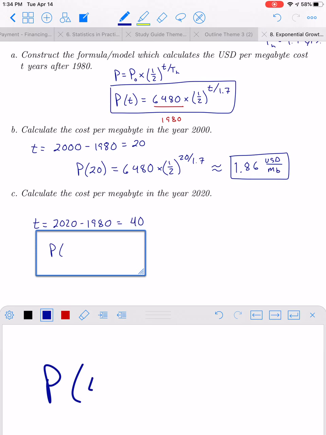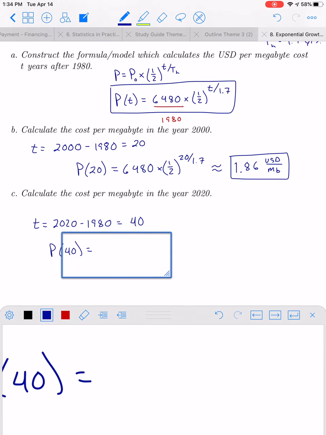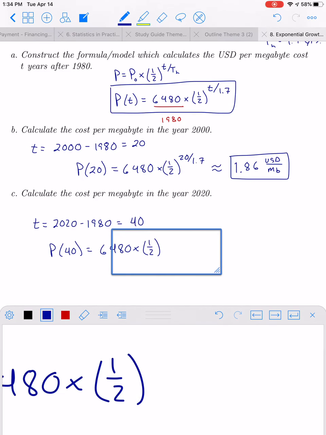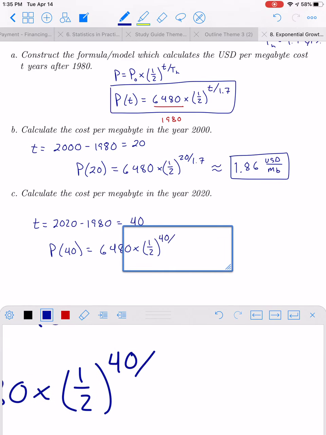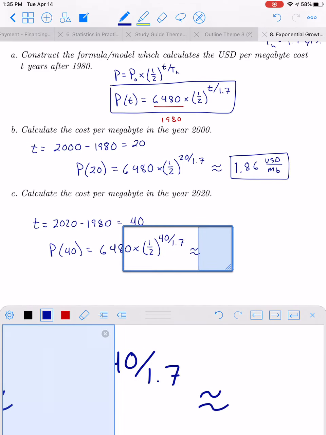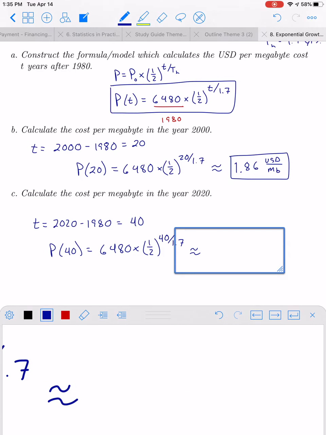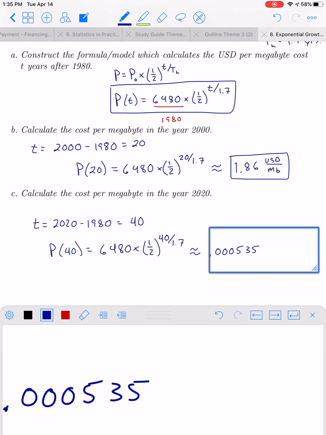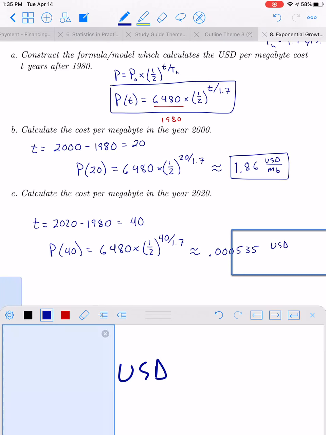Then the price, 40 years later, is equal to 6,480 times 1/2 to the 40 over 1.7, and this comes out to, this is very low actually, 0.000535, picking an arbitrary number of decimal places, US dollars per megabyte.